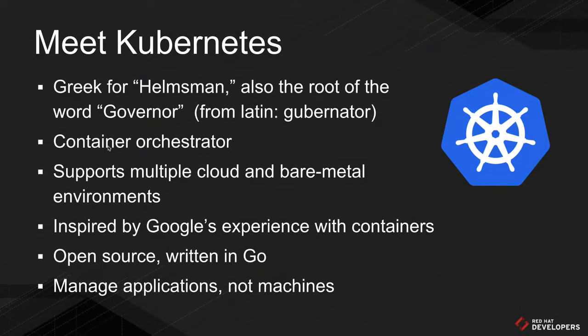The few points I want to highlight here that are very important: it is a container orchestrator, open source obviously, and it's going to manage applications. All these years before Kubernetes, we have seen applications used to manage the infrastructure, and Kubernetes is the first of its kind which has come down and is managing applications.